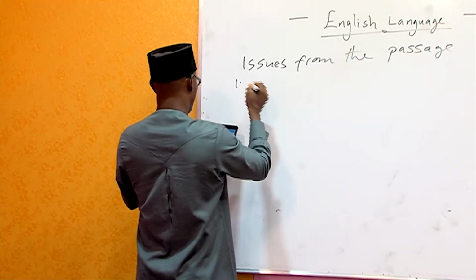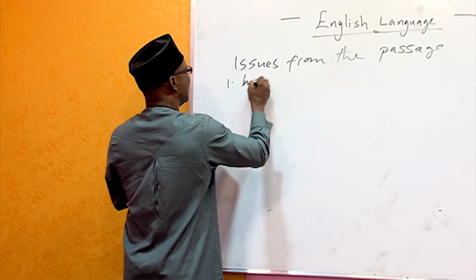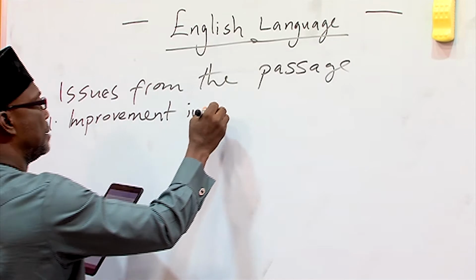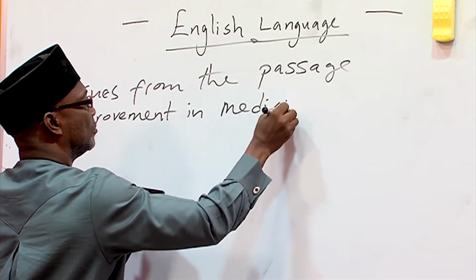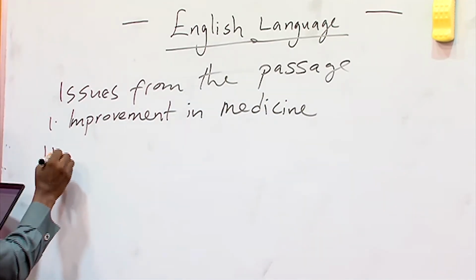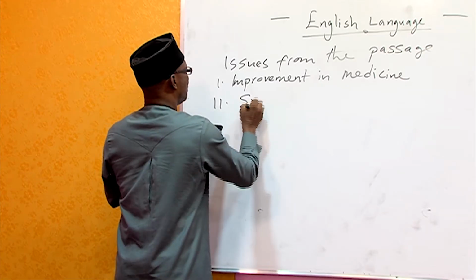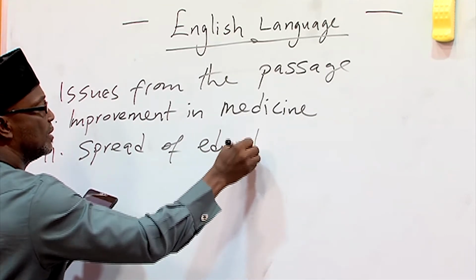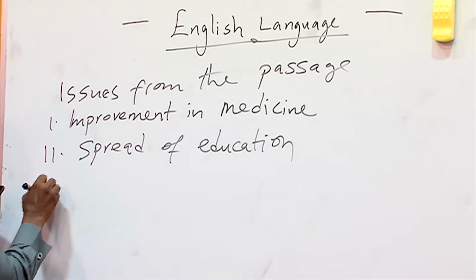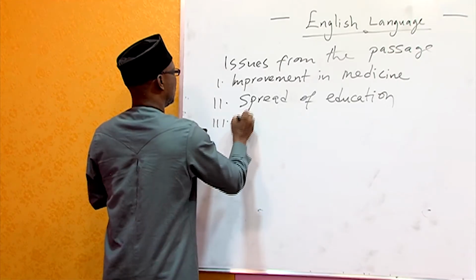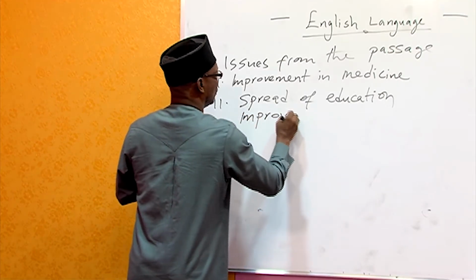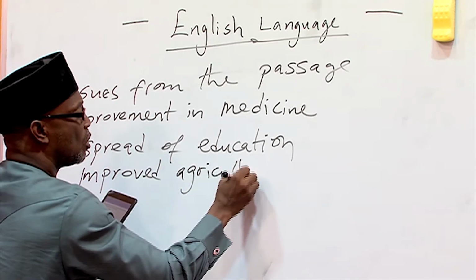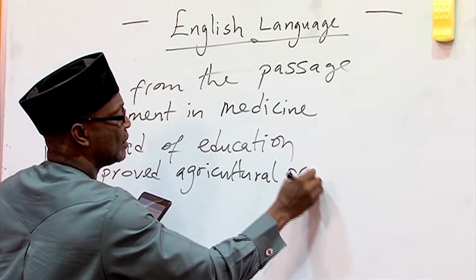Number 1, we saw improvement in medicine. Number 2, spread of education. Number 3, improved agricultural practices.